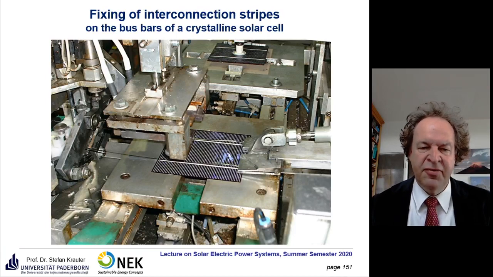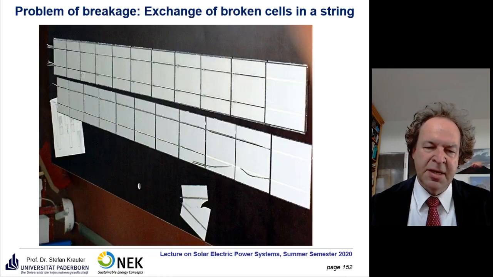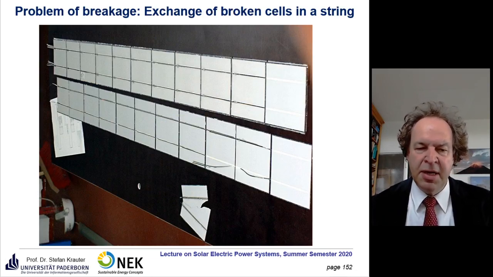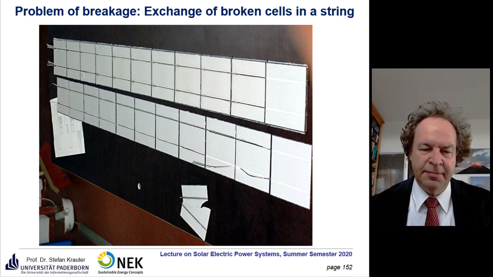Here you see the fixing of the interconnection stripes. Sometimes, depending on the machine, there could also be some damage, so you always have to have replacements, and so on. Even nowadays, that's often done manually.